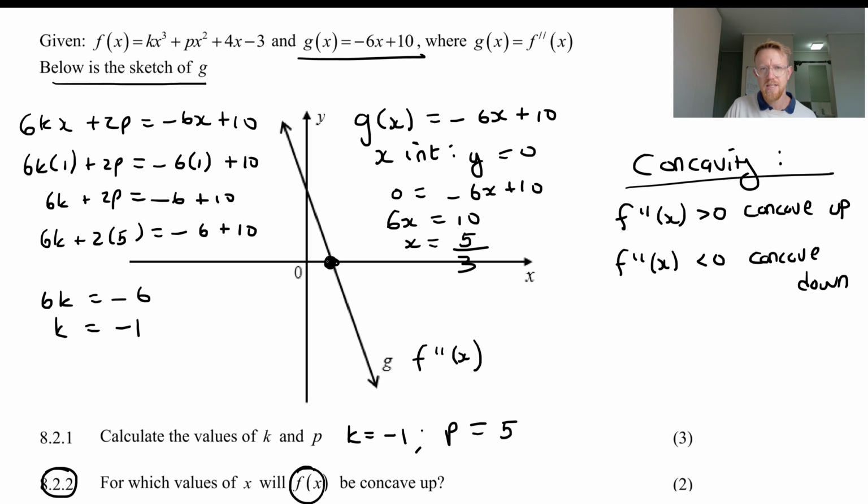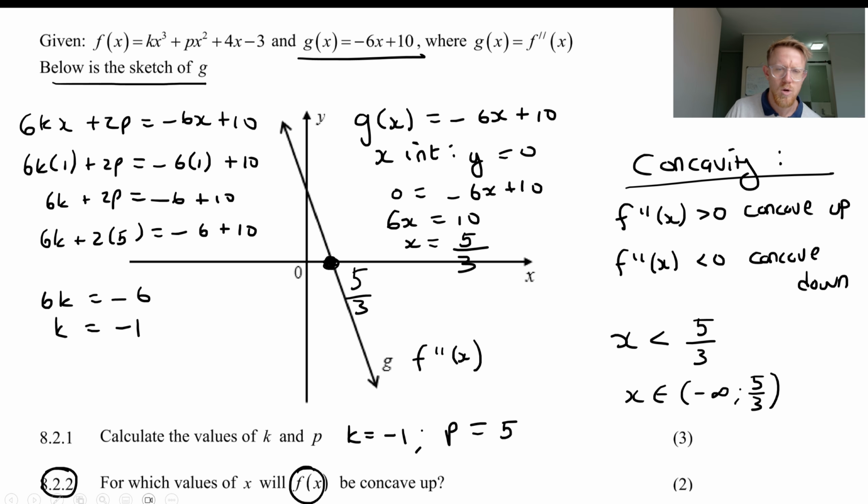So we now know the x value here is 5 over 3, and we said that the graph is going to be concave up when it's above the x-axis, so it's for all the places where x is smaller than 5 over 3. If you prefer interval notation, you could say x is an element going from negative infinity up to 5 over 3. We're saying that it's all of this area, okay? That is where it's above the x-axis.